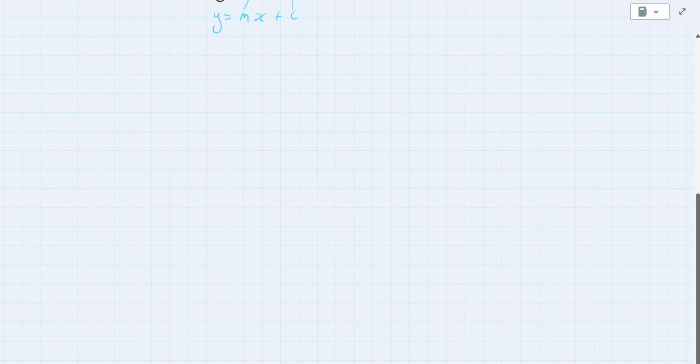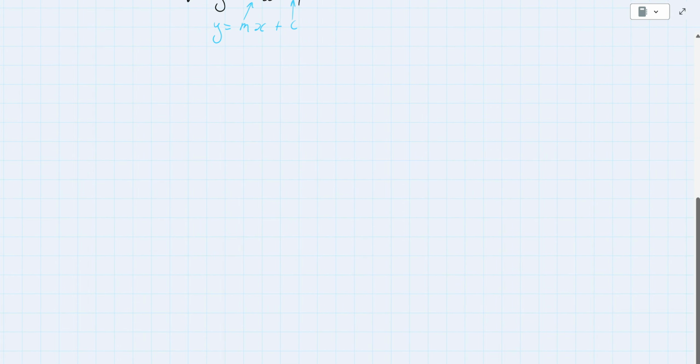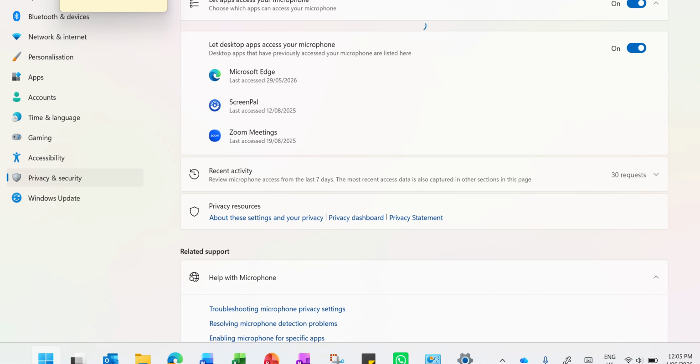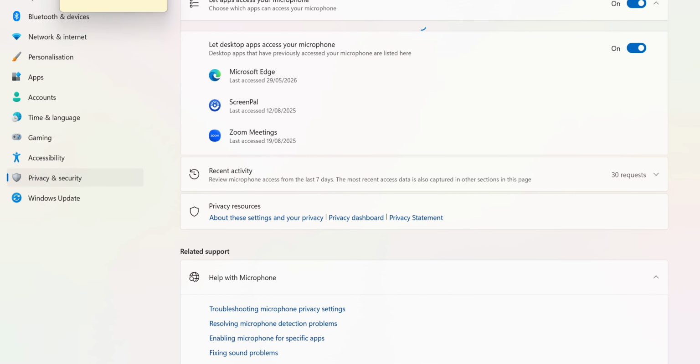What if the line's given to you through a worded question? Find the equation of a line which has a gradient m of 1/3 and passes through the point 9, 2.